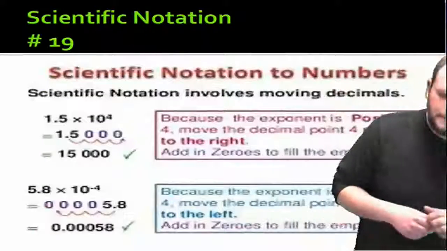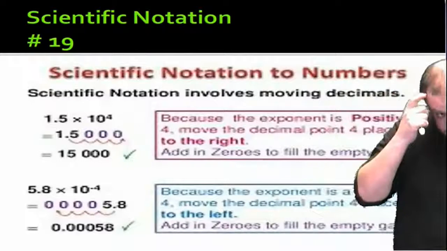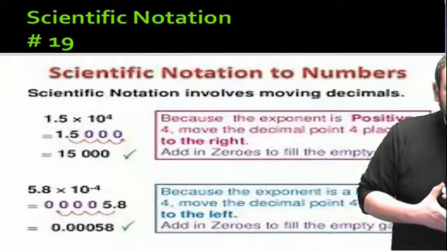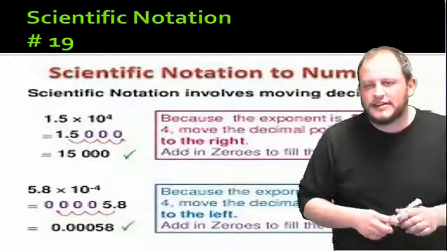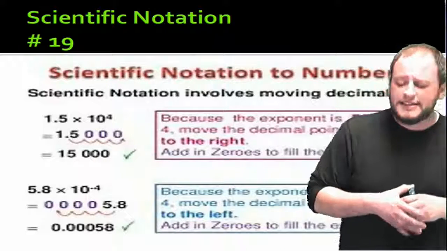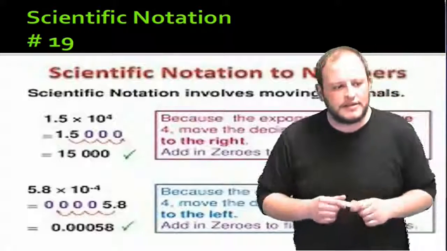Ooh, a big one to know, scientific notation. Scientific notation involves moving decimals. Scientific notation is used by scientists who are dealing with extremely large or extremely tiny numbers.